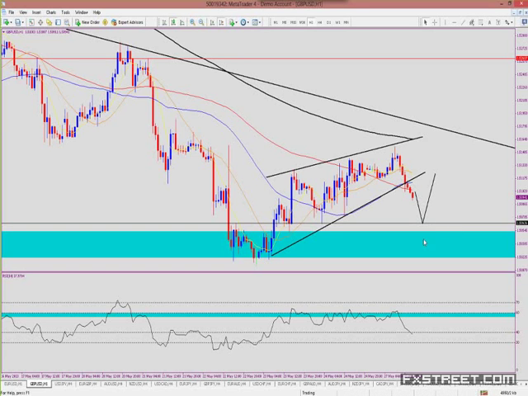In any case, I think before the GDP, these lows could hold, and intraday I think 1.5060 could hold as well. If you look for an intraday bounce, I wouldn't look for it to come back to test these highs up here.